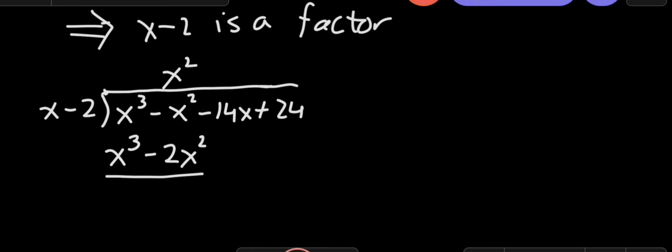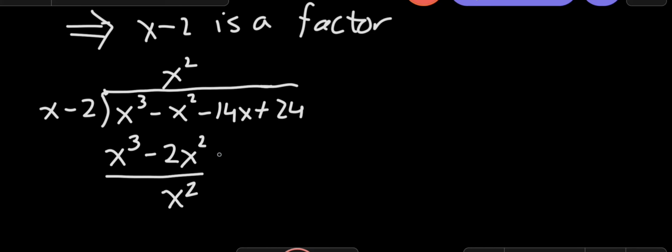Just know you're subtracting. So x cubed minus x cubed is 0. And negative 1x squared minus negative 2x squared is the same as negative 1x squared plus 2x squared, which is 1x squared.